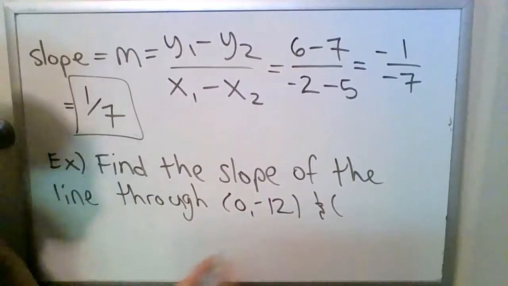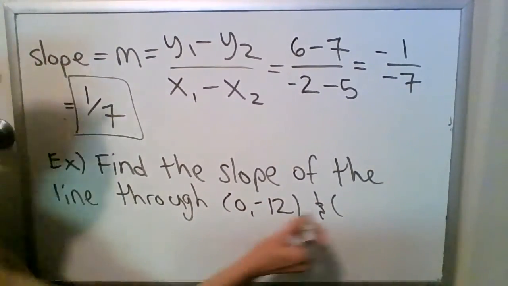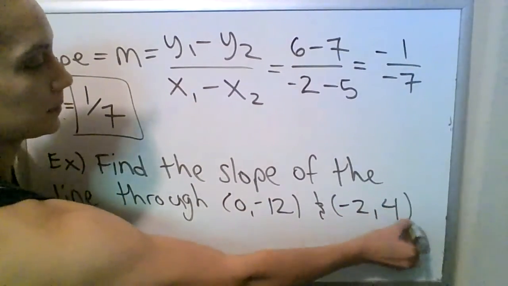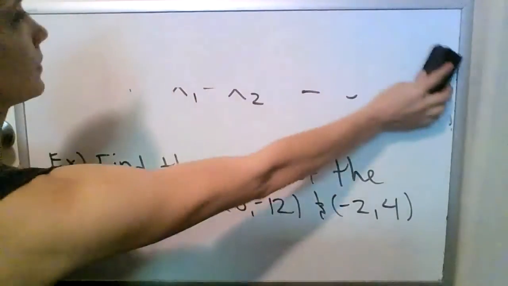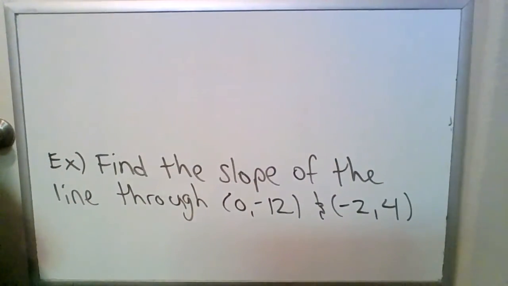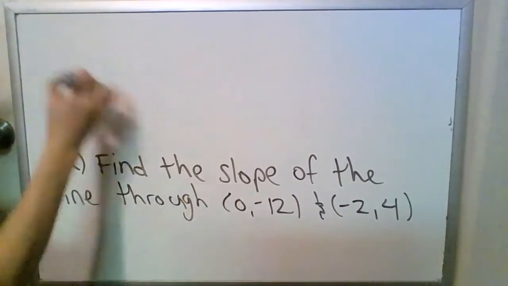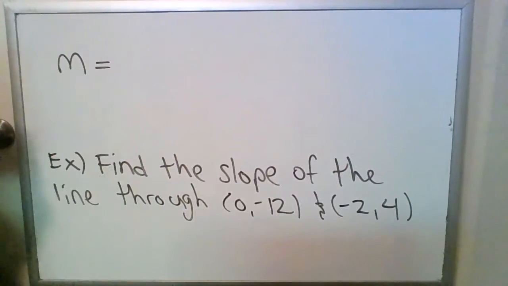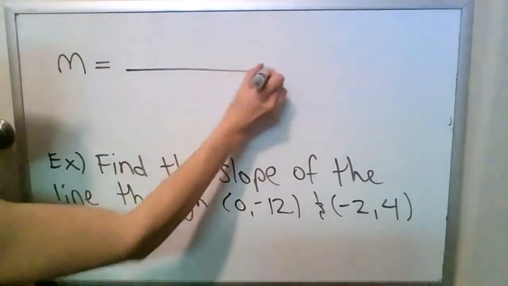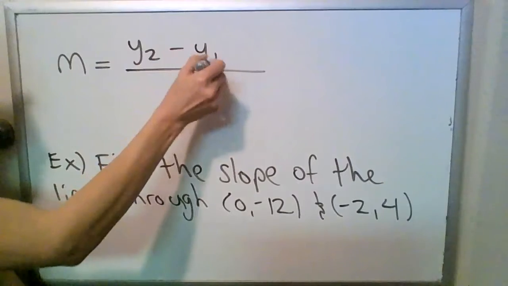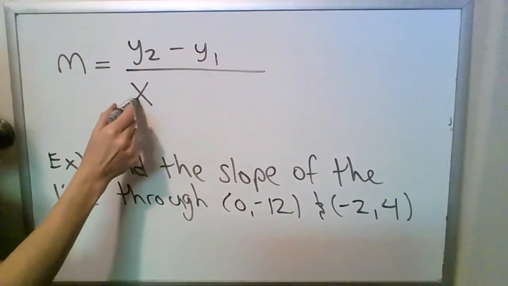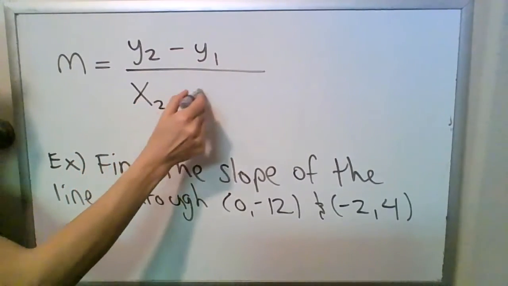And the other point will be -2, 4. Call the slope m. And we will take the difference in y values over the difference in x values. This time I'm going to start with y2 and subtract y1. Make sure that what's below here is x sub 2 and then minus x sub 1.